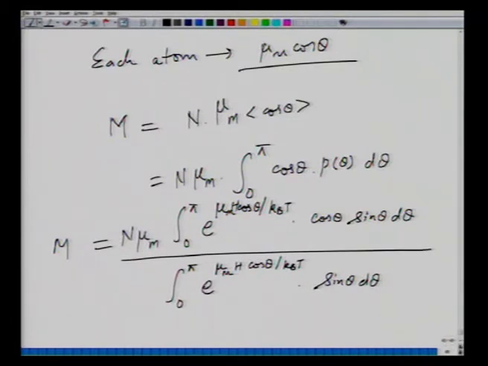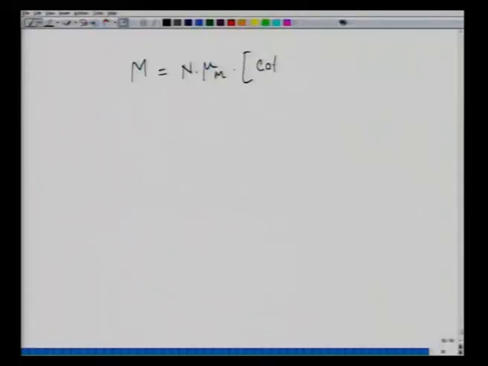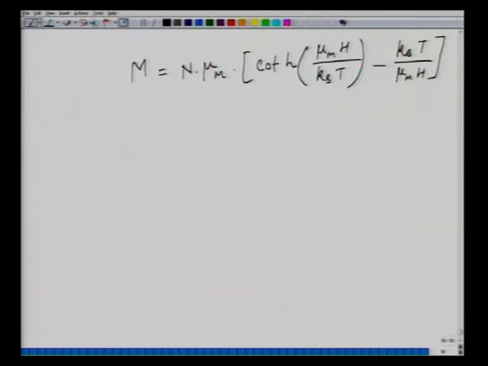This is worked out in a similar fashion as we did in orientation polarization. So the magnetization M works out to be n into mu m into coth of mu m H divided by k B T, minus k B T divided by mu m H. If you remember, we assumed mu m H by k B T as alpha.